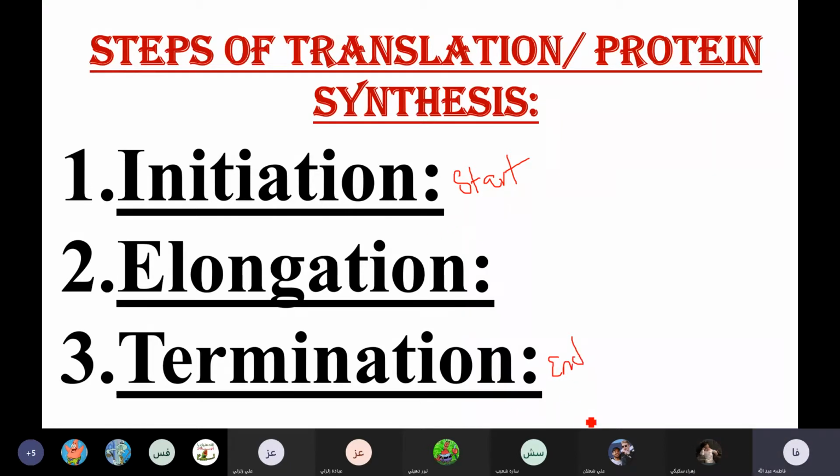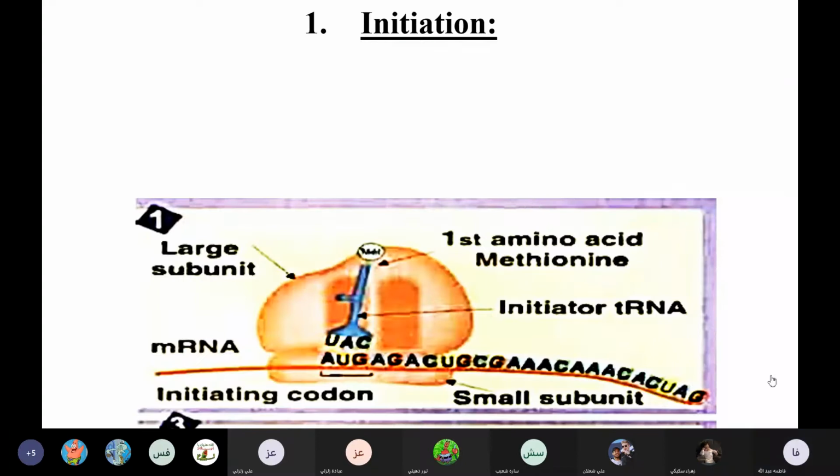So to start and end. بالنص هي رح تكون elongation، هي عبارة عن the translation, okay, where the codons will give me the amino acids. I will start first with initiation.